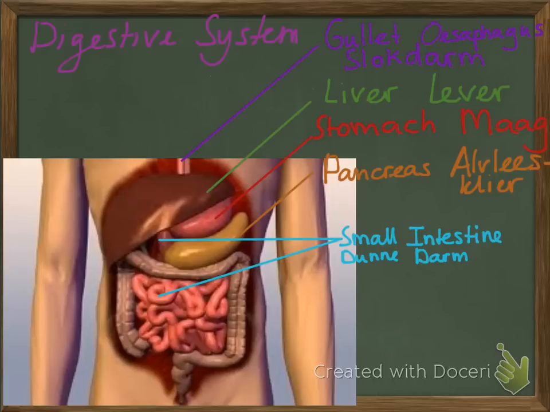In Dutch, this is the dunne darm. As you can see, it's actually quite long. It can become up to 5 meters. So it's not een kleine darm, it's the dunne darm, even though in English we say small intestine. It's called small because it has a smaller diameter.